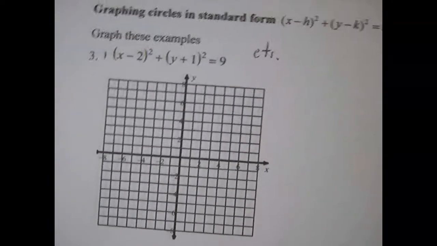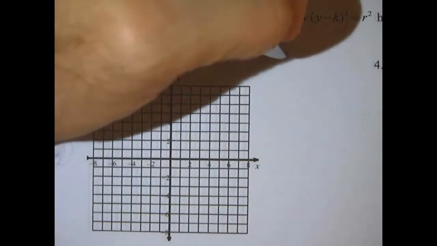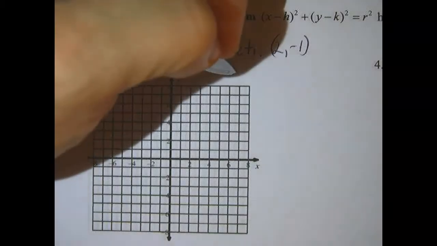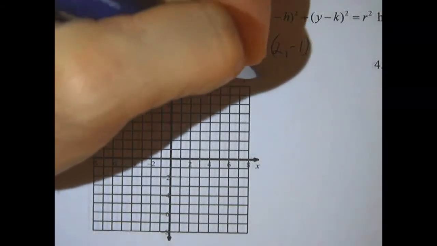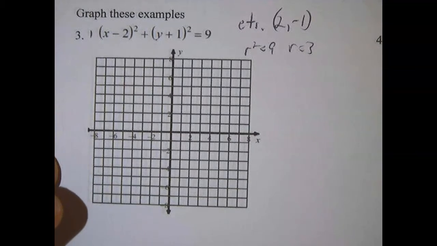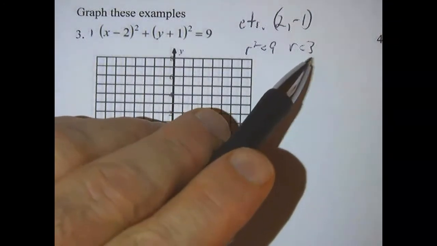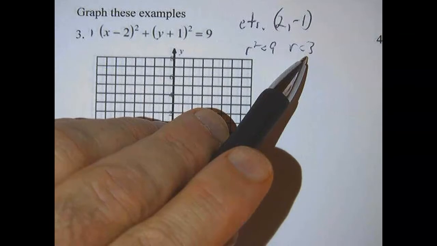Okay, so let's look at what we have here. The center is 2, negative 1. So we know that r squared is 9, which means r is 3. So this is like an easy version of an ellipse because you don't have 2 directions to go. You just have to go 3 up, down, left, and right. It's all the same.